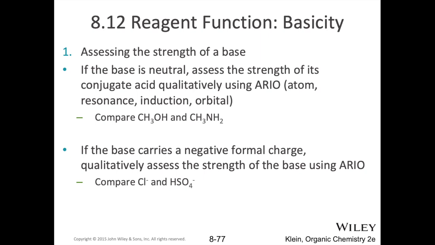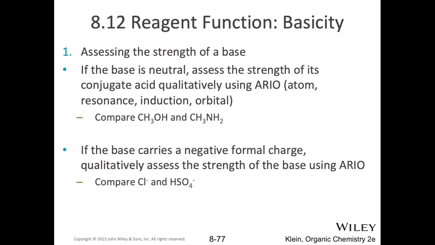It breaks down depending on whether the base you're looking at is neutral or has a charge, of course, just as we practiced back in chapter 3 when we talked about acids and bases. You can think of this in two ways. When looking at acids, you could look at how good your negatively charged conjugate base is at stabilizing that negative charge.